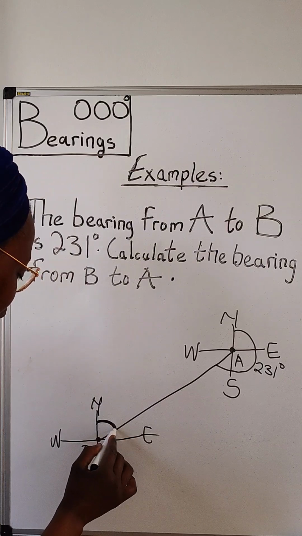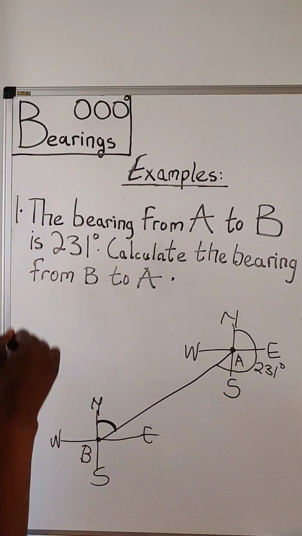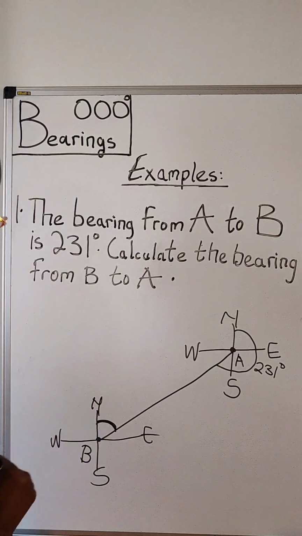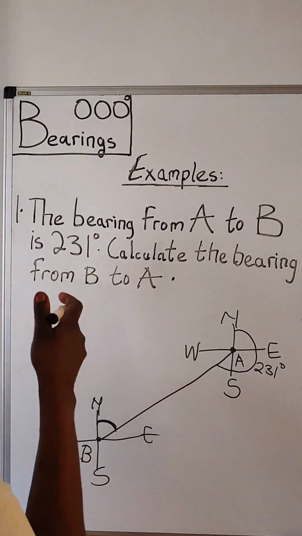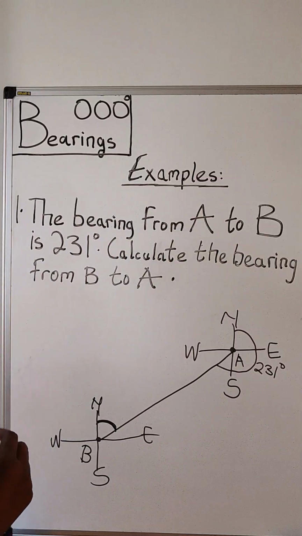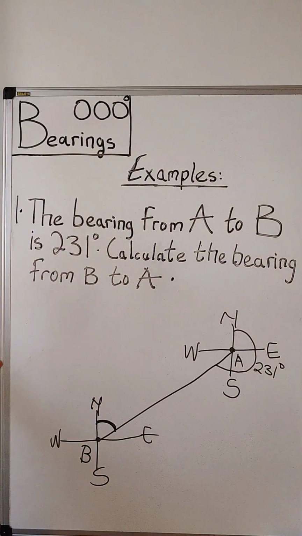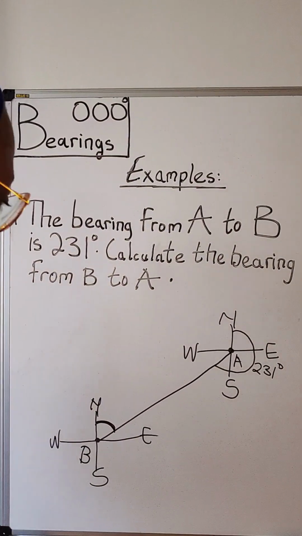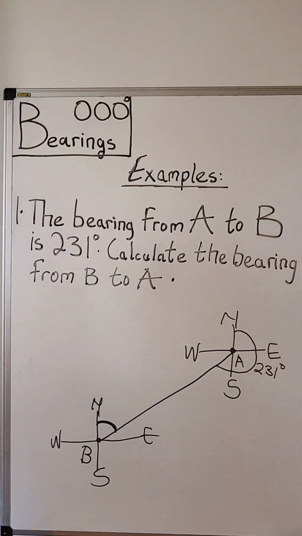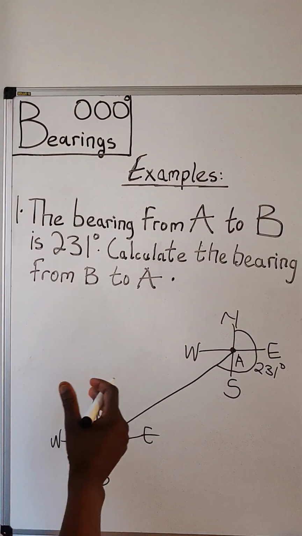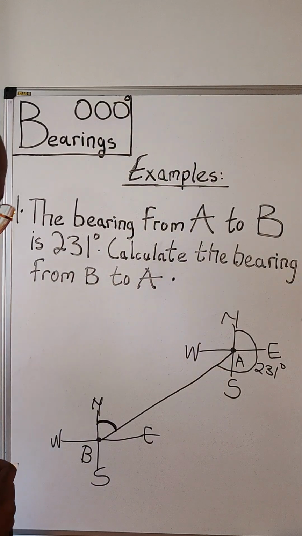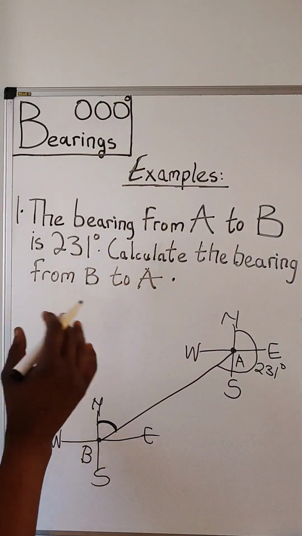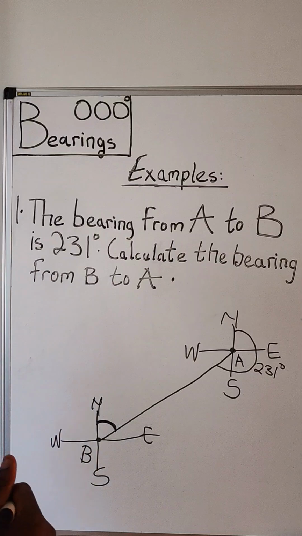This is the bearing from B to A, or we can call it the bearing of A from B. Now, we can do it in two ways. We can use the opposite bearing or the co-interior angle C.